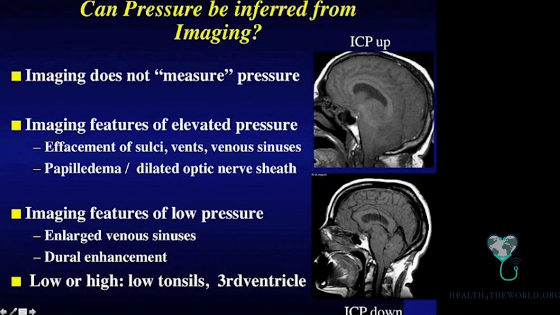Now, features of low pressure can look sometimes very similar, except that instead of effacement of sulci and effacement of sinuses, we're going to see enlargement of sinuses, enlargement of the vessels, because they reciprocate with the CSF volume.